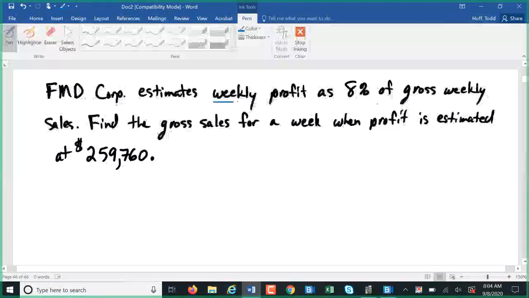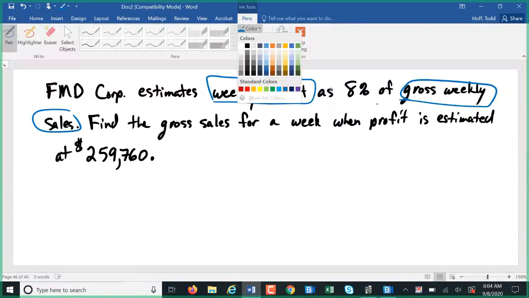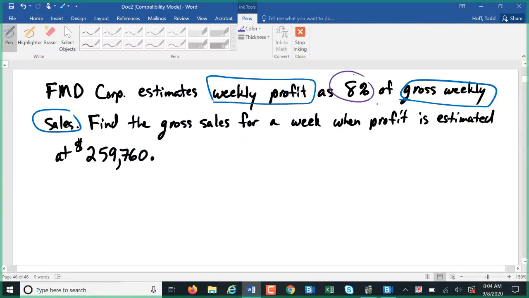One is weekly profit. The other is gross weekly sales, or just gross sales if you want. We do have the percent given here, which is the 8%. So let's start off with the 8%.